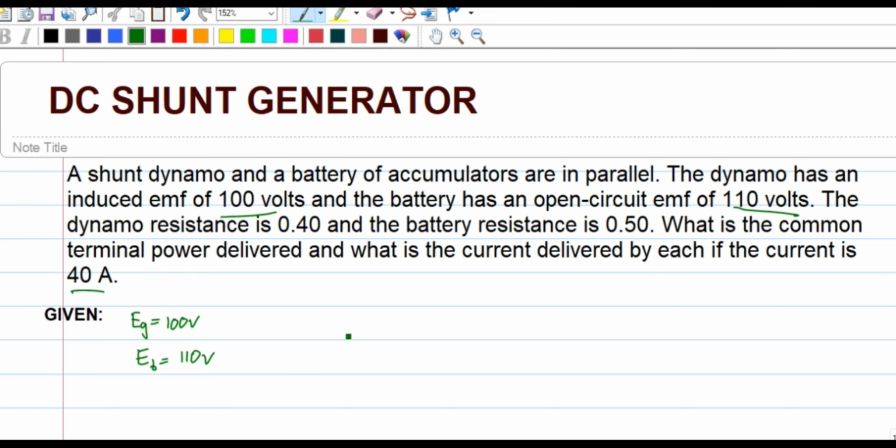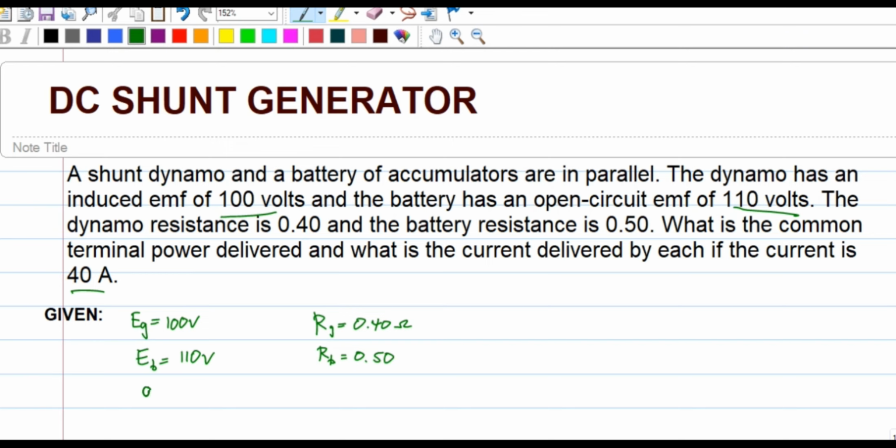The total resistance of the dynamo or generator, RG, is 0.40 ohms, and the battery RB is 0.50.